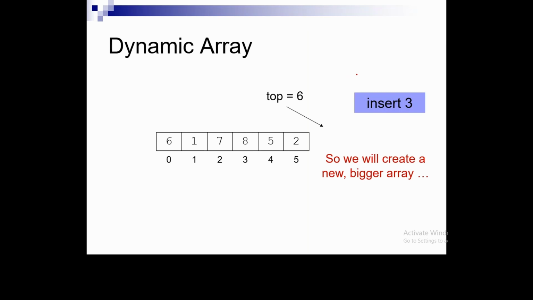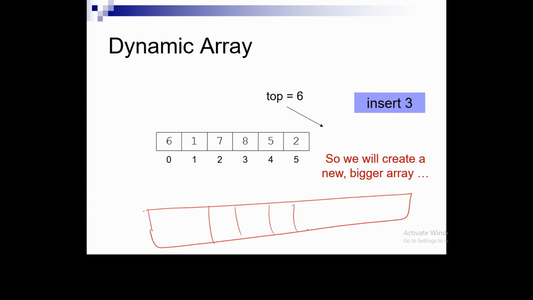So we will create a new bigger array in such a situation. The size of the bigger array will be double the size of the previous array. Like if the size of this array is 6 elements, then in such a situation we will create an array for 12 elements, from 0 to 11.